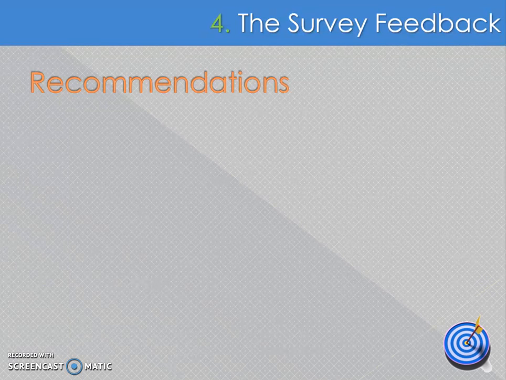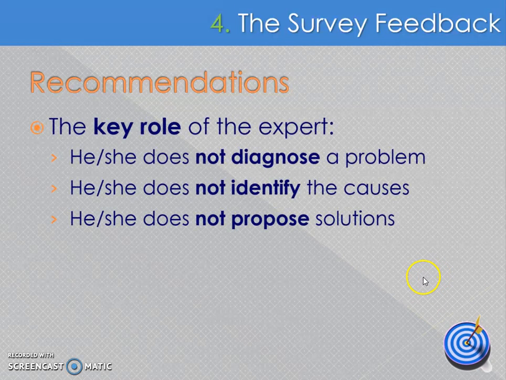In this slide, you have some recommendations regarding the key role of the expert that we take into account when we carry out a survey feedback. For example, he does not diagnose a problem, he does not identify the causes of the problems, and he does not propose solutions.